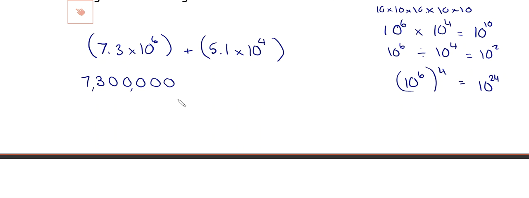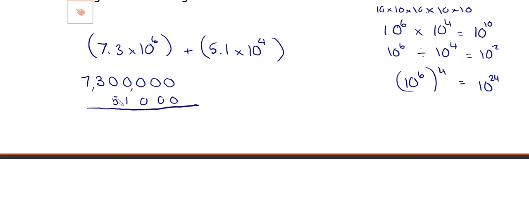This number, right, is 5.1 times 10 to the power 4. So I'm going to write it 5 times 10 once, twice, 3 times, 4. So the 5 is actually in the 50,000 column, and the 1 follows, and then 0.